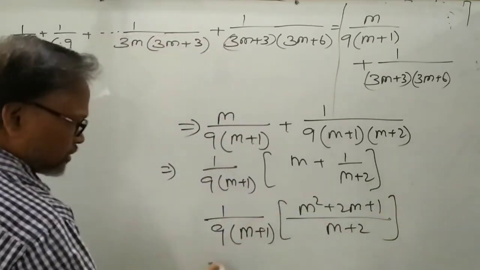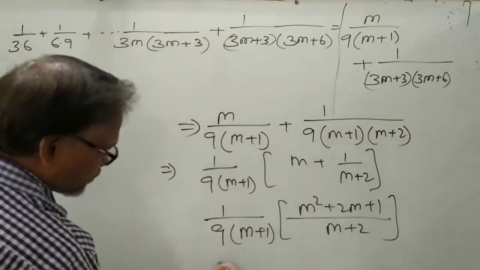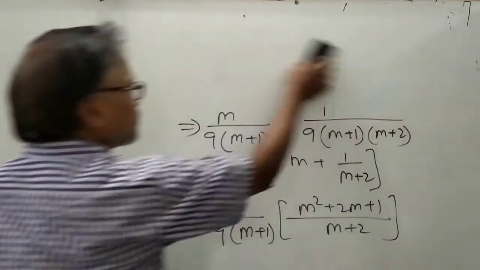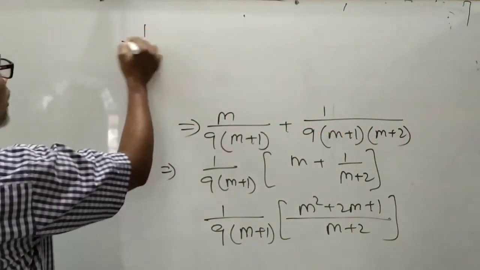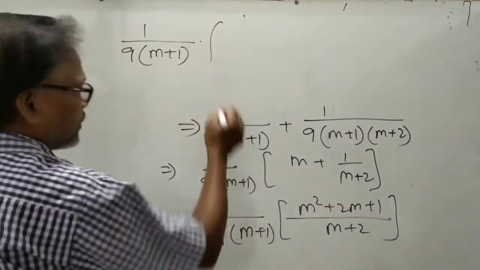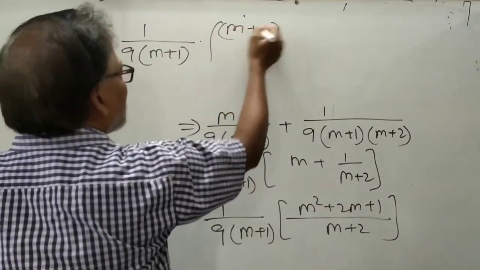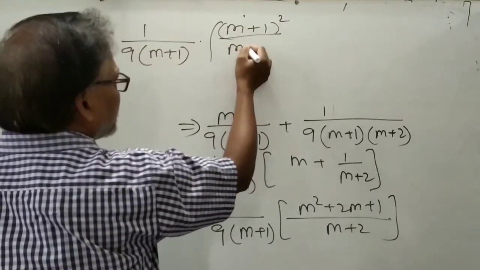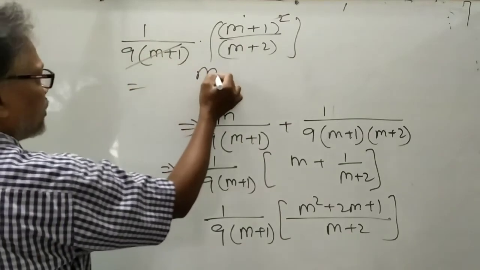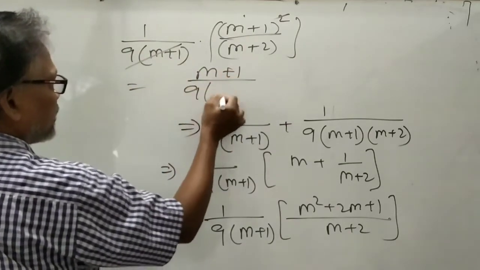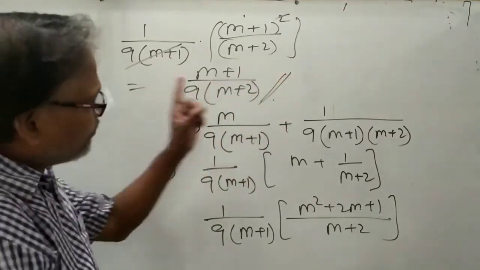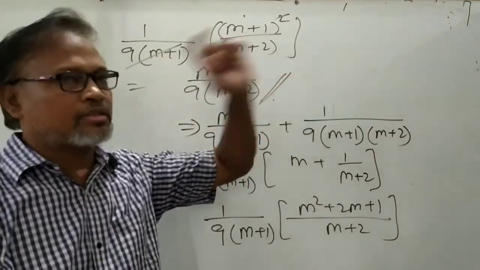Can you say this one as m plus 1 whole square? तो ये अगर whole square है तो 1 upon 9 m plus 1 into whole square by m plus 2. तो 1 m plus 1 will be cancelled and you have m plus 1 upon 9 m plus 2. And you can see this is the m plus 1th term of the right hand side.